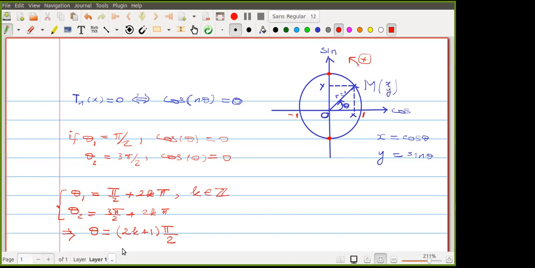Okay, so can we check k in Z? Can we check to make sure that it covers both? Okay, so if k is equal to 0, here we have pi by 2, which is this one.